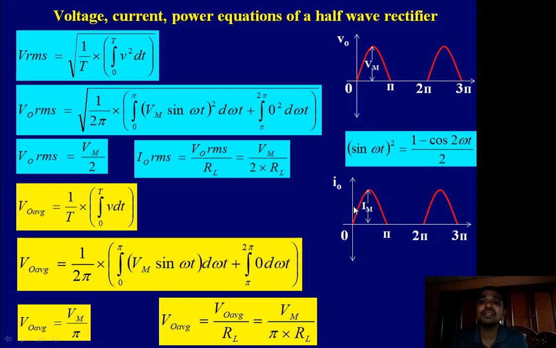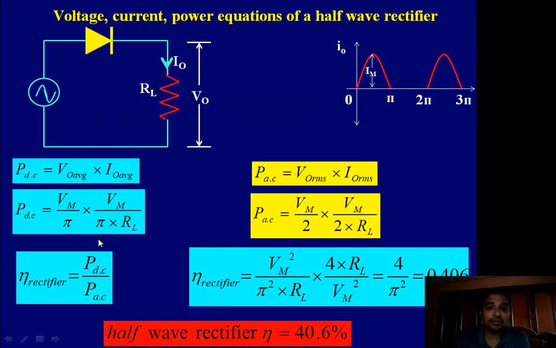Simply I can say it is the area under the curve, the integral of V dt from 0 to T. If you do it, you will get the answer Vm by pi. Please make a note. The corresponding current is V average divided by RL, which is Vm by pi into RL.